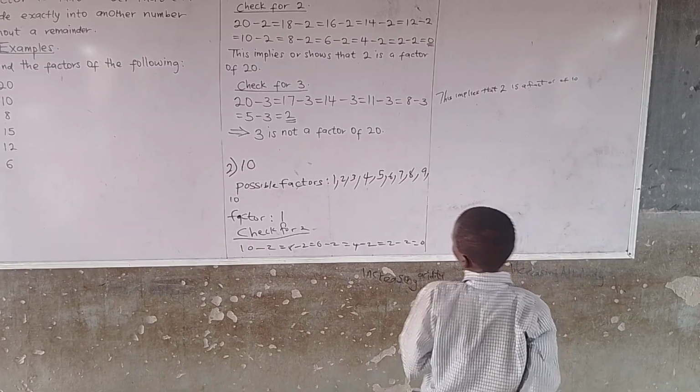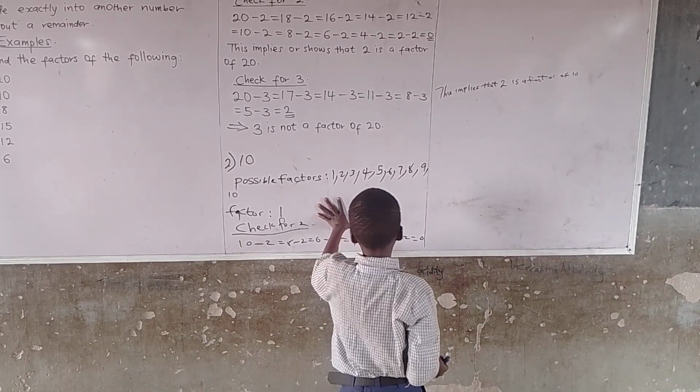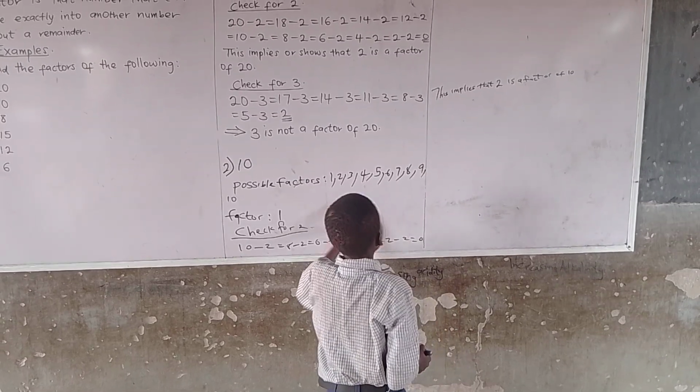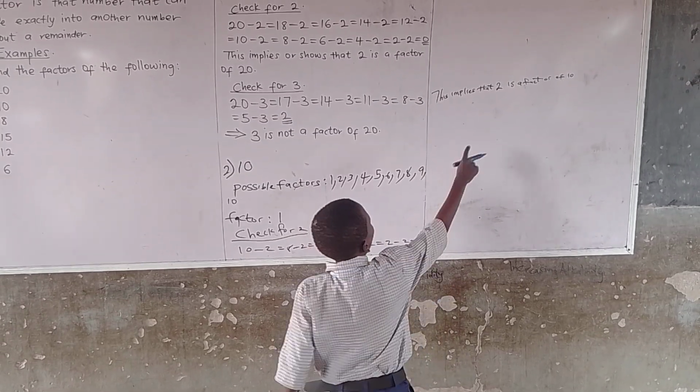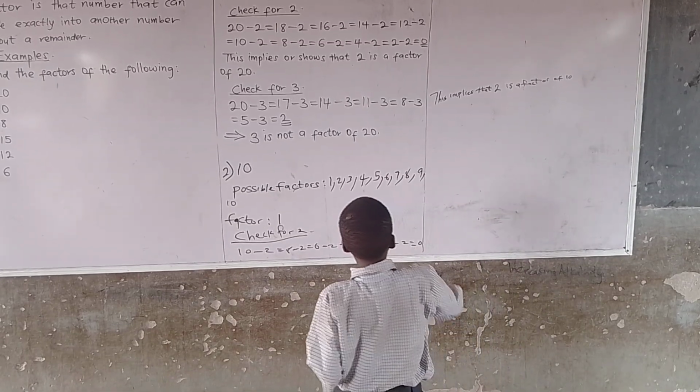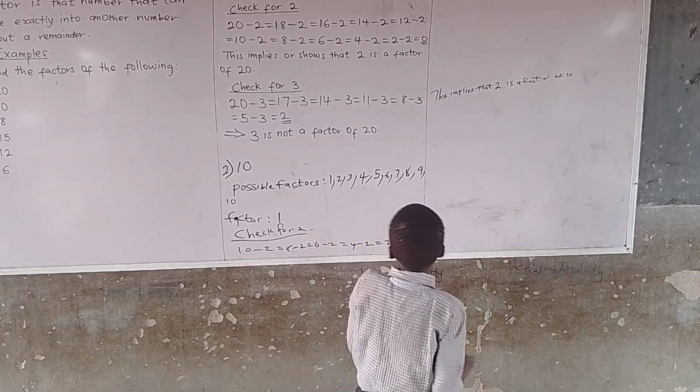This is how we can check if a number is a factor of another number. So this implies that 2 is a factor of 10 because it gives us 0 when we minus it.